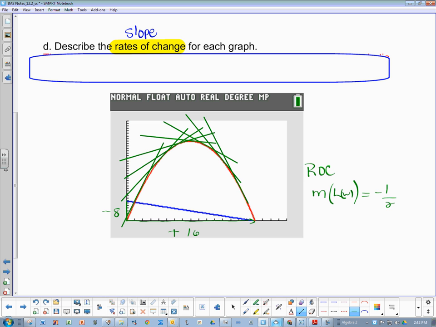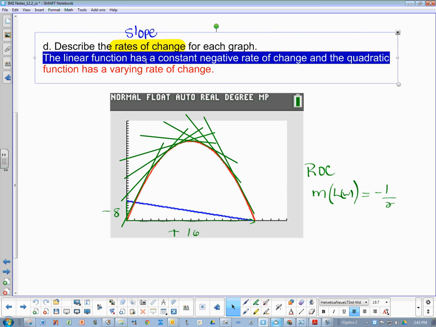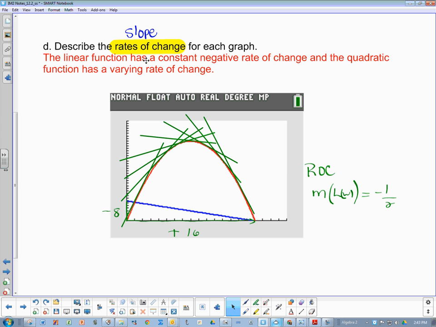That's kind of a calculus term. But the slope, the rate of change, is always changing. Let's take a look here. It states that the linear function has a constant negative rate of change, and it's going to be -1/2. And then the quadratic has a varying rate of change. Hopefully you can see that.